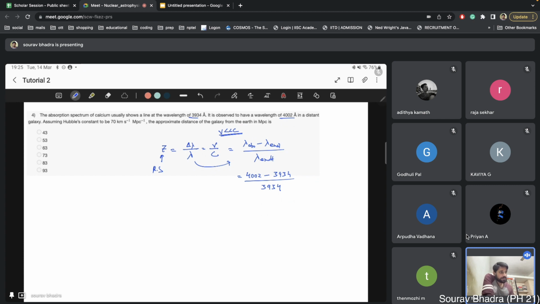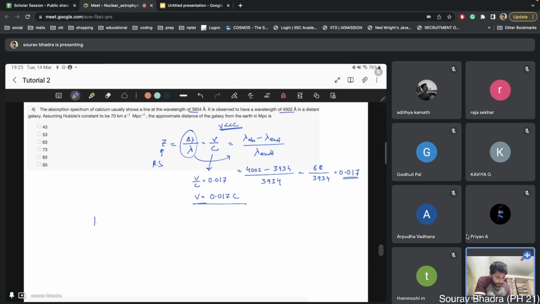So this will give you 68 by 3934, that is 0.017. Now you got delta lambda by lambda equal to 0.017. That means your V by C is also 0.017, which will give you V is 0.017 times C, where C is the speed of light.